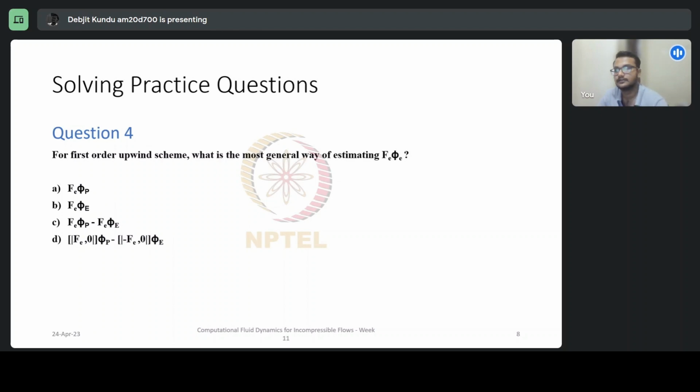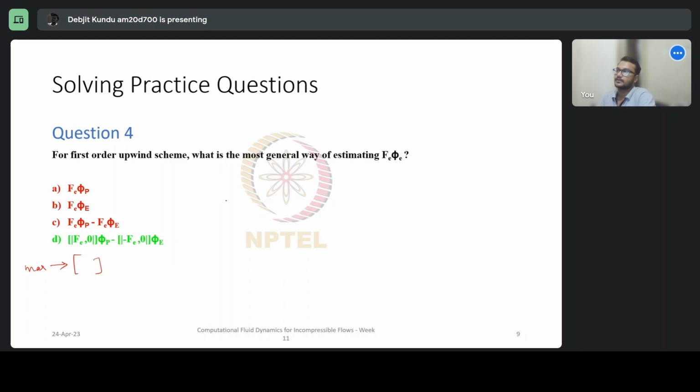So let's have a look at the solution. The solution is option D. So this particular function is something that is known as the max function. It takes out the maximum of whatever values you give within.